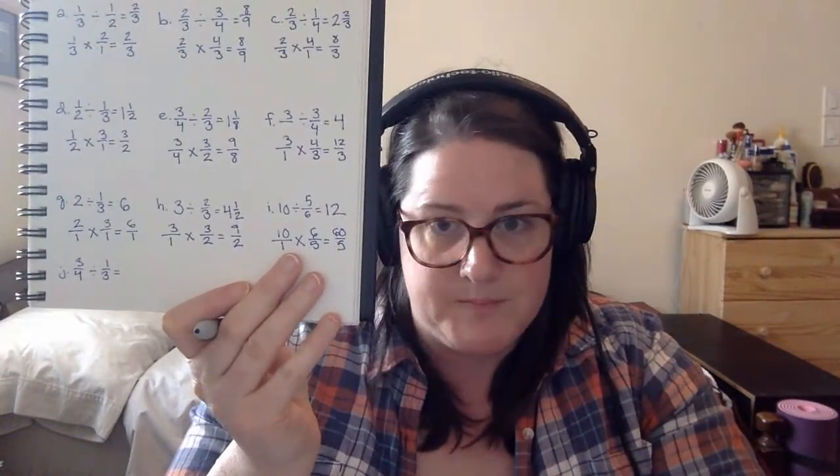Question J asks me how many 1/3 are in 3/4. This sounds a little confusing when it's asked as a word problem in that way, but the equation that it's asking for is 3/4 divided by 1/3. That's the equation that it's asking for. So, in order to solve this, 3/4 remains the same.